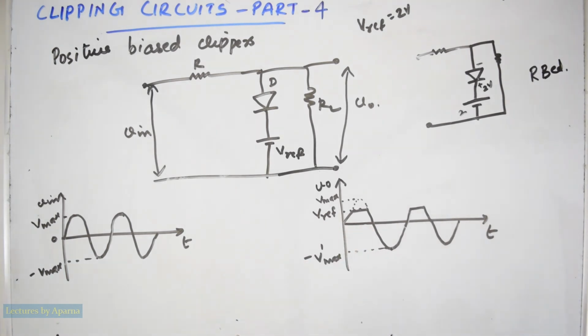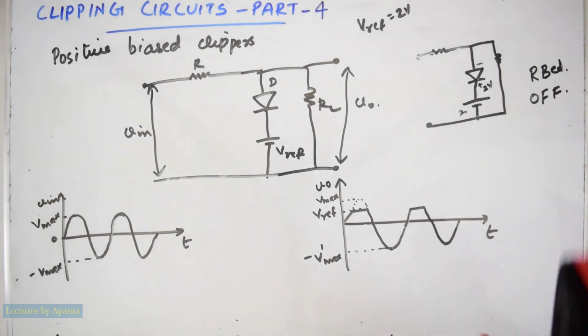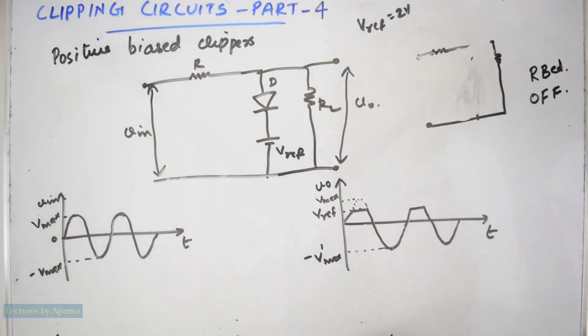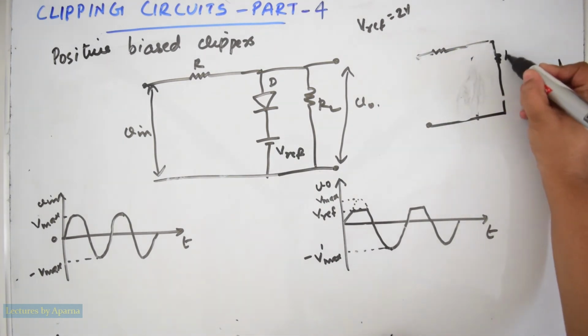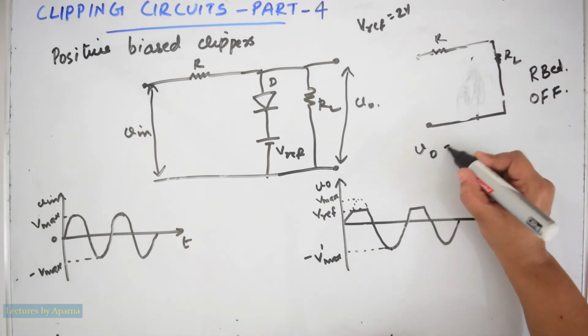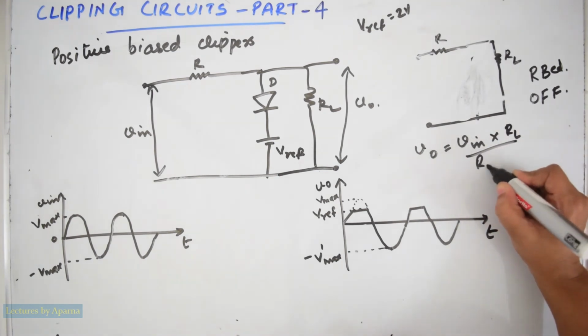What happens when this diode is reverse biased? It will be off. During the off position, this portion won't be there. So the voltage will get divided between R and RL. So the output voltage V0 will be V in into RL by RL plus R.